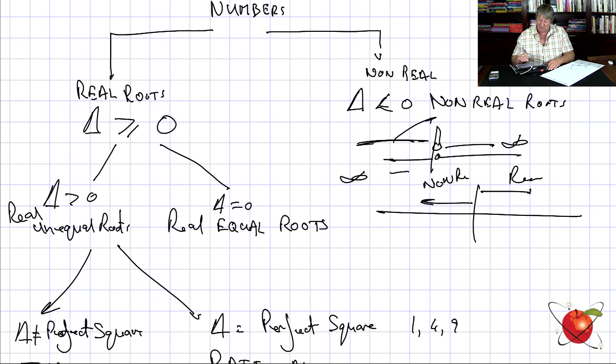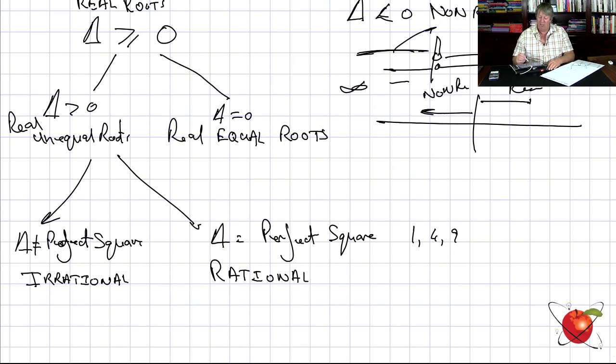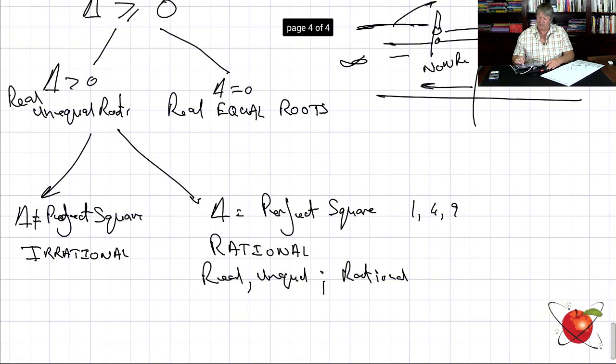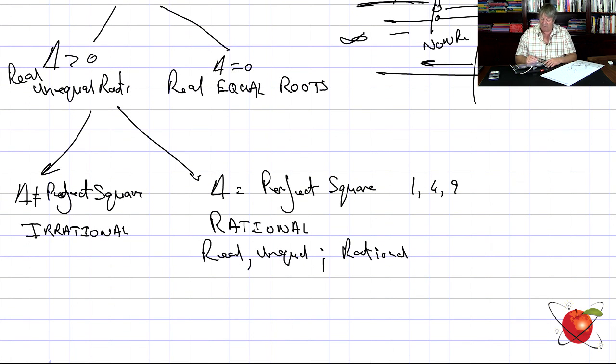And the last bit: this one is going to be real, unequal and rational. That's the final breakdown of it. This one over here is going to be real, unequal, and irrational.